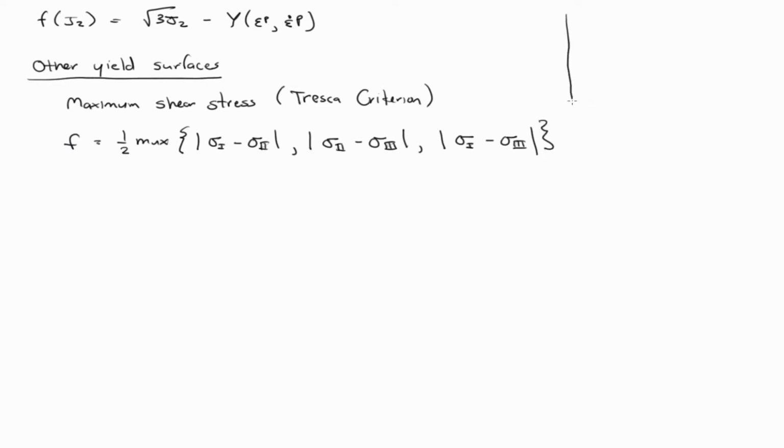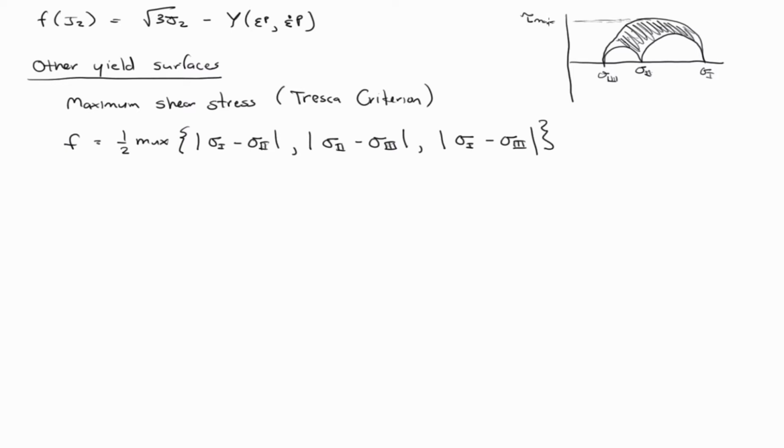So if you remember, we have our Mohr circles, where the state of stress is going to be somewhere in this region. And this is going to be sigma 1, sigma 2, sigma 3, and this right here would be tau max.